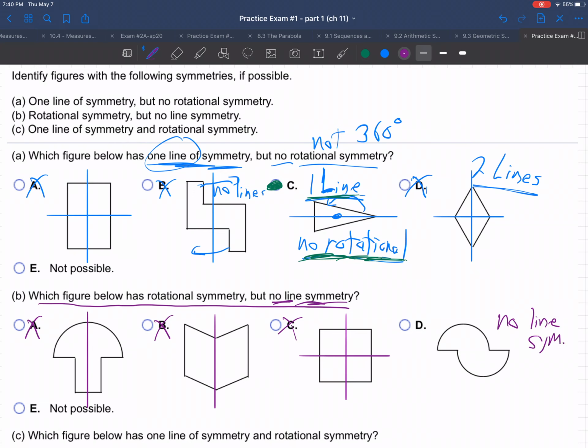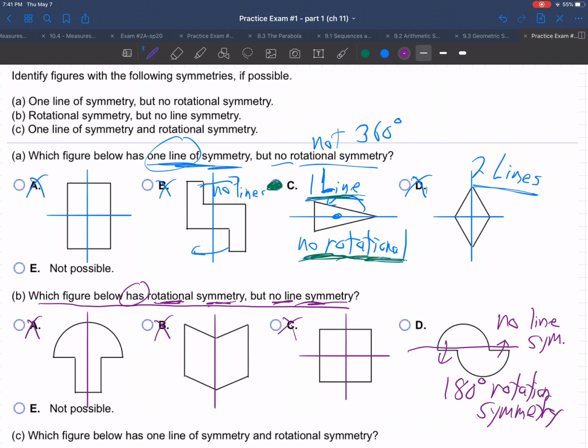No, there's no line. You might say, well, how about this line right here? No, that's not going to work. It's not the same below that line and above that line, is it? So no line symmetry. But now, it's supposed to have rotational symmetry. Does this one have rotational symmetry? Yes, 180 degree rotation symmetry.